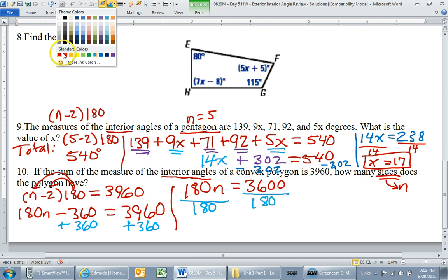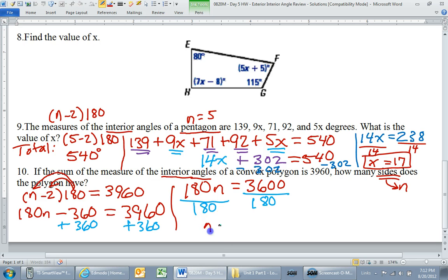And that is going to give me n equals 20. N equals 20. That's what I meant. Okay. So how many sides does the polygon have? It has 20 sides. That's how you do number 10.